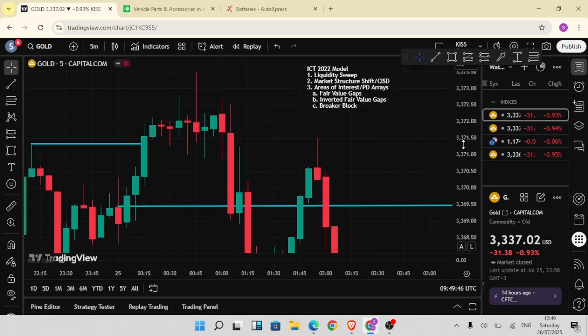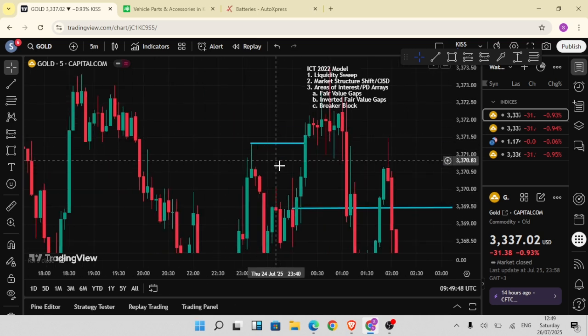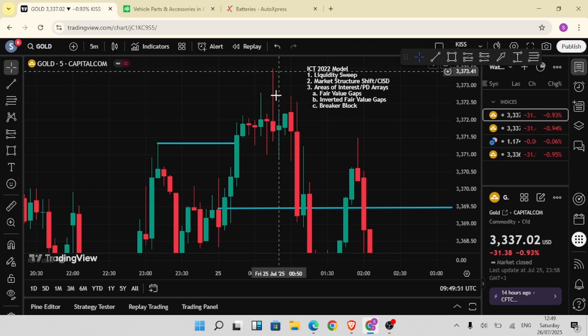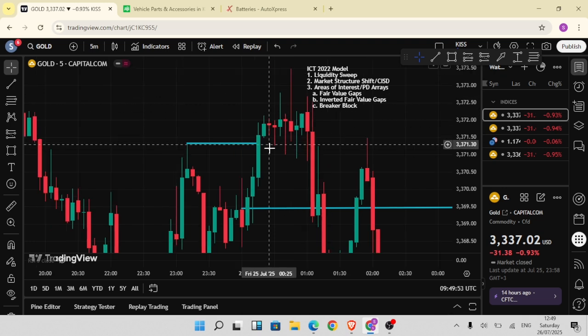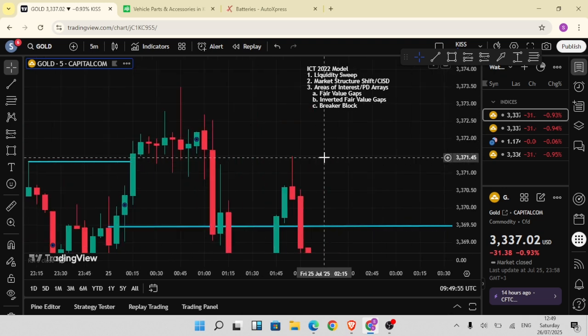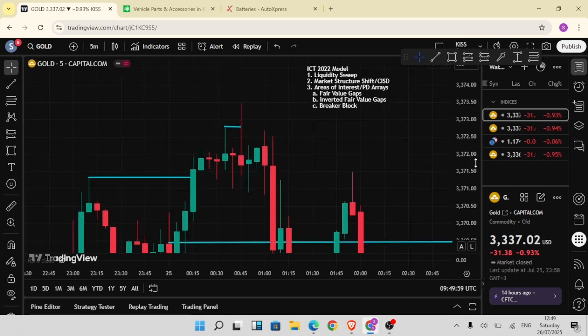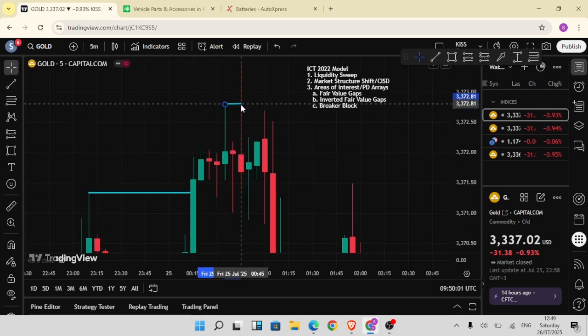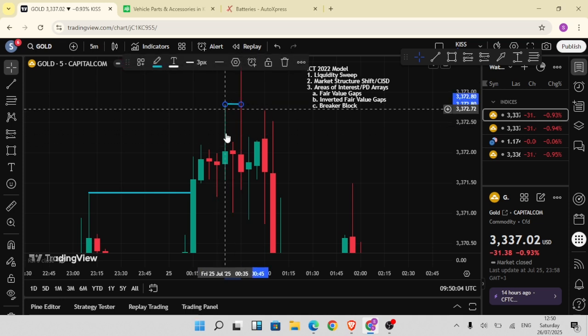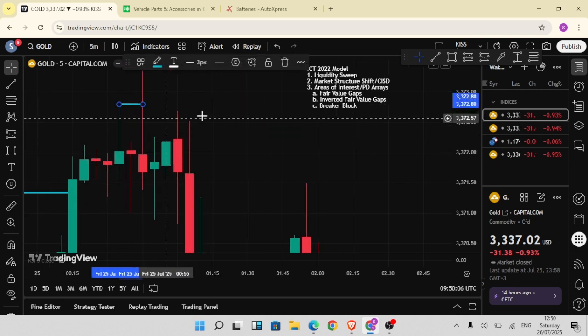Remember, liquidity sweep can be by candle wicks, not a must by the bodies. In that case, we also have this sweep right there, because this wick takes out the buy side liquidity of this candle.